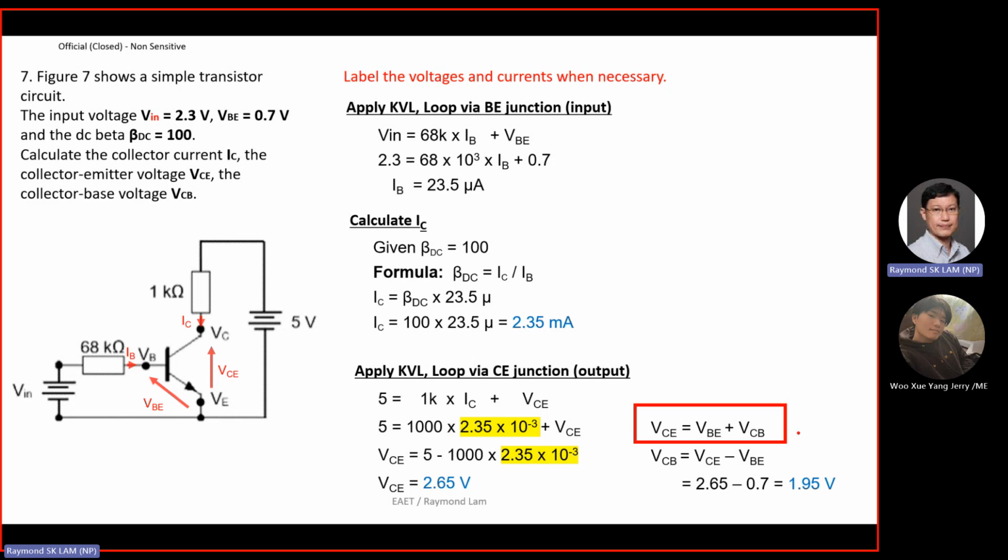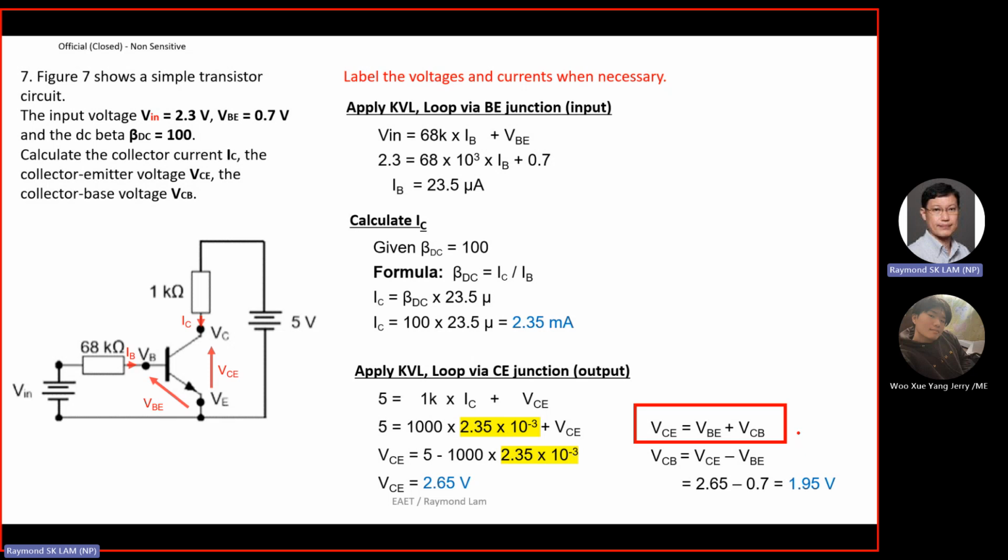VCB equal to what? So same thing, you do the loop. Maybe I just use the red color. How do you do the loop? Start from the positive terminal, just like a voltage source. You loop from the positive terminal, and then where do you end? You end at the minus terminal. Now along this loop, what are the voltages that you need to add?